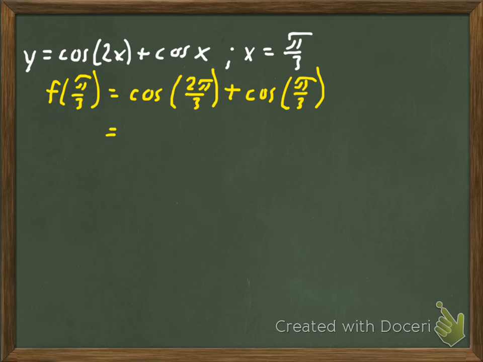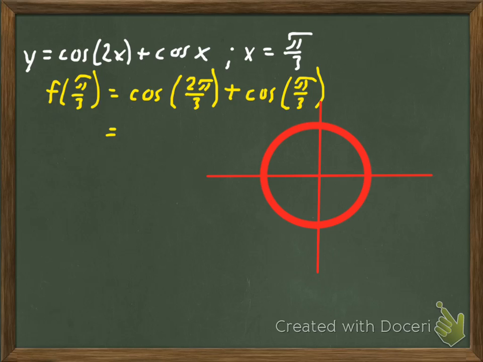And you see that we have cosine of 2 pi over 3 plus cosine of pi over 3. And here's where we're going to employ the unit circle. It's been a while since you've used this, right? We're going to use the unit circle to figure out what the cosine of 2 pi over 3 and pi over 3 are. Let me draw the unit circle just so I can refresh your memory on this.